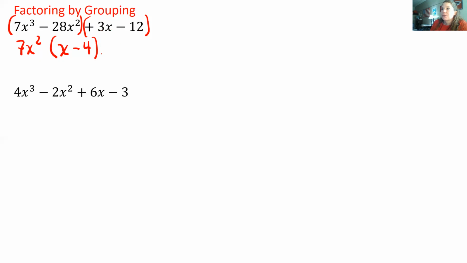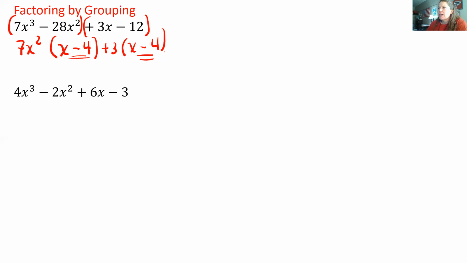Now I'm not just going to write a 3 because that would be showing multiplication. So I'm going to write plus 3 because I'm pulling out a positive 3. And then I would have x minus 4. Now, what will most often happen is whatever's in these parentheses are going to match exactly. And you notice that these do match exactly.